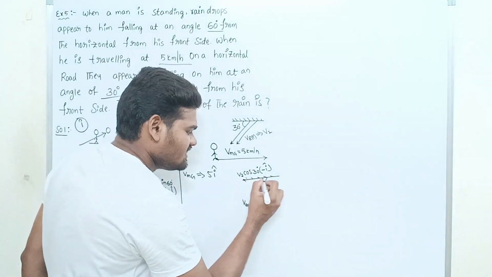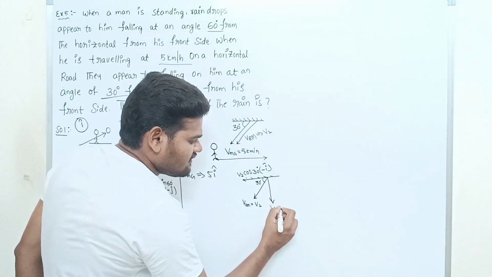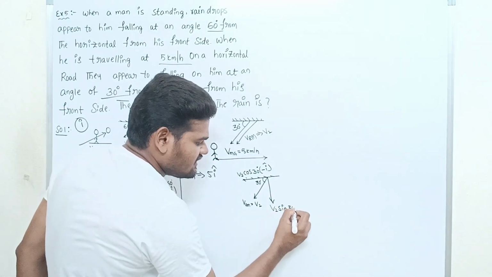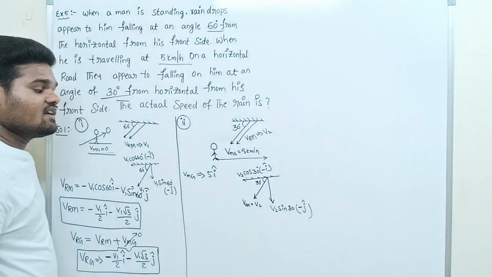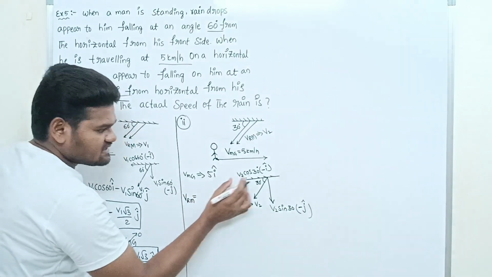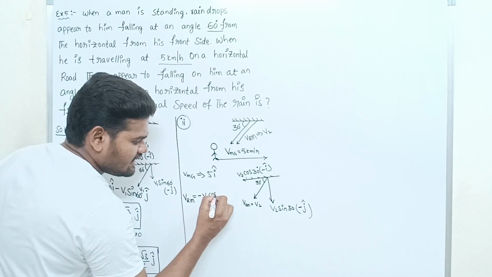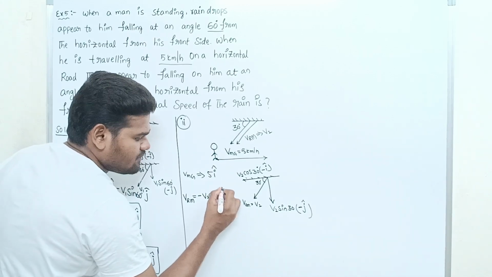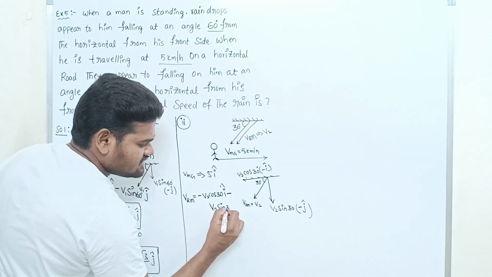Right, very good. Now perpendicular to this, you will get V2 sin 30 in this direction. What is the unit vector? Minus j cap. Now overall, velocity of rain with respect to man is equal to minus V2 cos 30 i cap minus V2 sin 30 j cap.